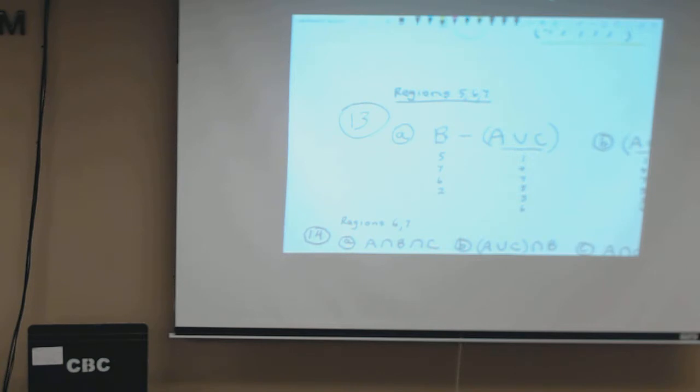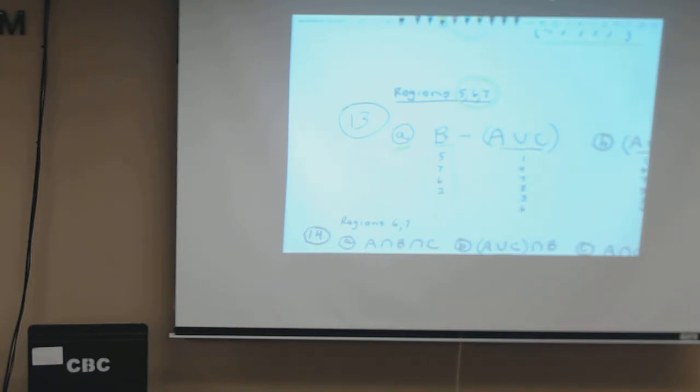I'm looking for region 5, 6, 7 to be my answer, and I have to turn the page back to look at the picture to work the problem. So for problem A, what's B? Look at the picture on page 101. What's B? 5, 7, 6, 2.